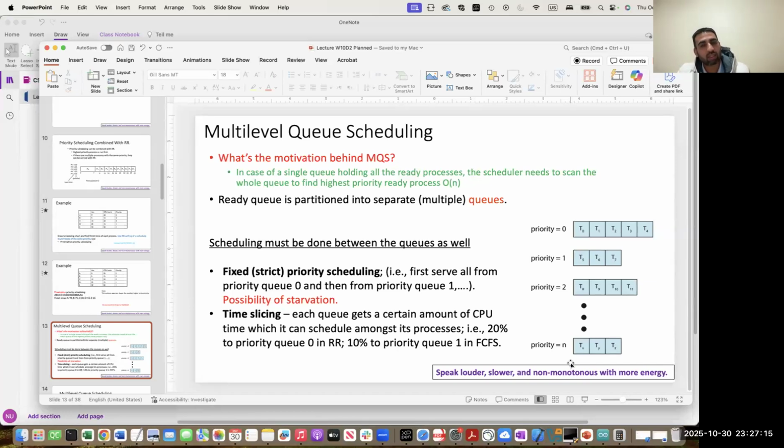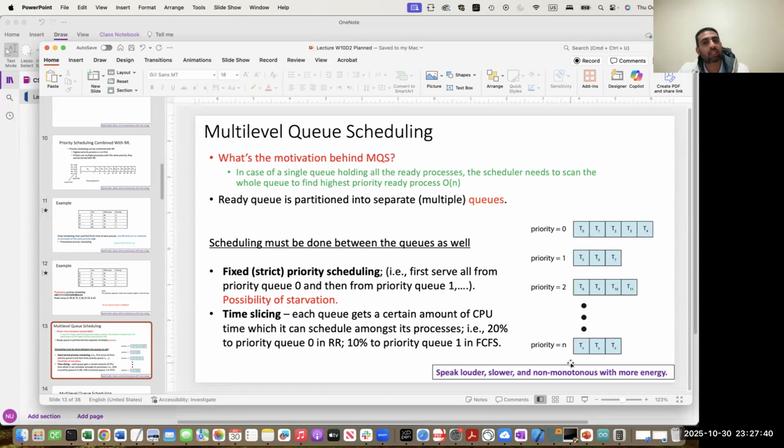Which means that any process from priority level 1 can run only when the queue of priority level 0 is empty, which basically means that I have run all the processes from priority level 0 to completion. And then only I will go to priority level 1. And if that is empty, then I will go to priority level 2, right?